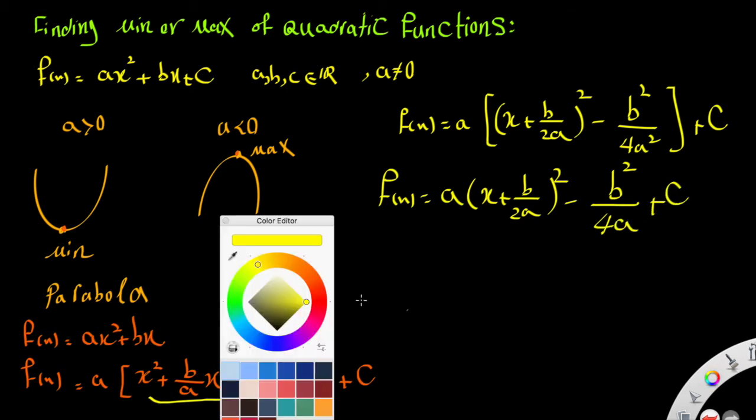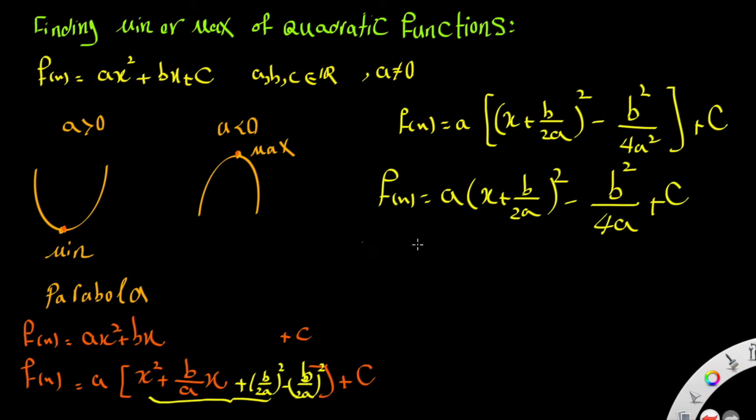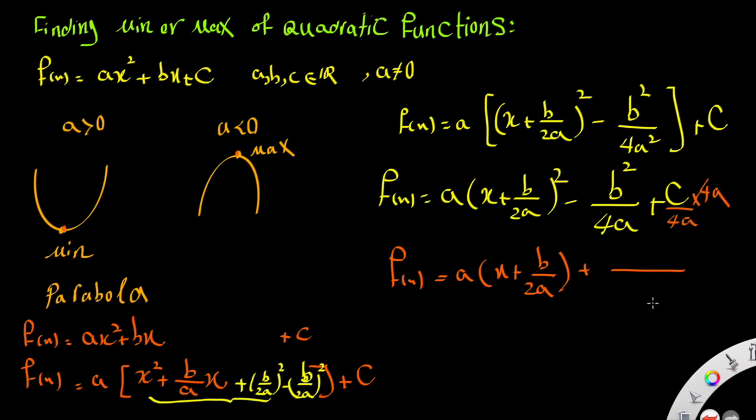Now I take a common denominator there, it will be a times x plus b over 2a squared, plus, I multiply by 4a, so 4a is the common denominator, so minus b squared plus 4ac over 4a.